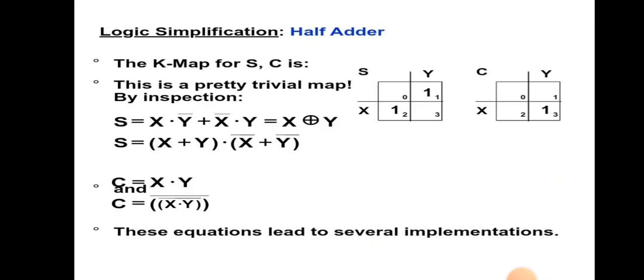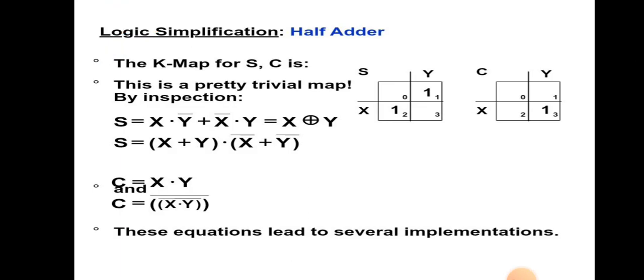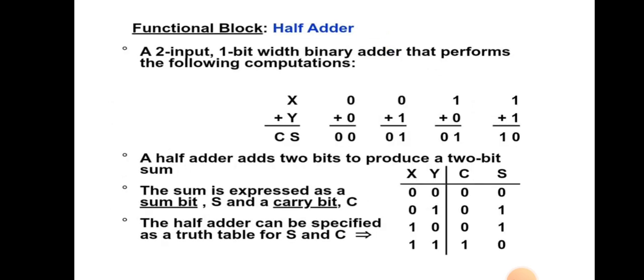Now the logic simplification. As we know, the first step was what? To consider the inputs and outputs. Now this is the second stage of logic simplification, in which we are going to draw the K map for S and C. Consider this table.